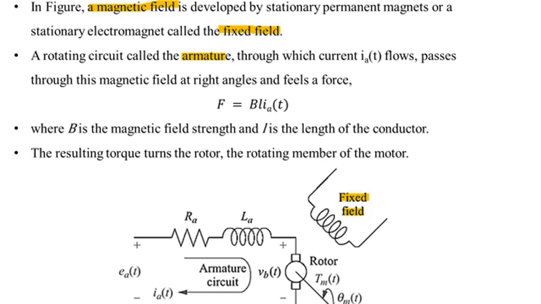Now a rotating circuit called armature, through which the current ia of t flows, passes through the fixed magnetic field at right angles and feels the force which is equal to magnetic field strength multiplied by length of the conductor multiplied by current passing through it. This force tends to rotate the rotor through which a torque is developed. The resulting torque turns the rotor and the rotating member of the rotor.